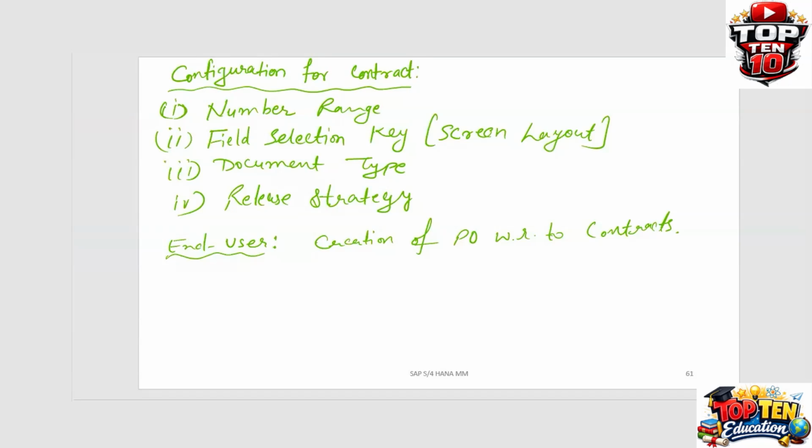Now take this contract and where to go? One thing we know very well. We need to go to ME35K to release this. To release this, see there is one contract available. So select release plus save. This is the way to release the document, that is contract.